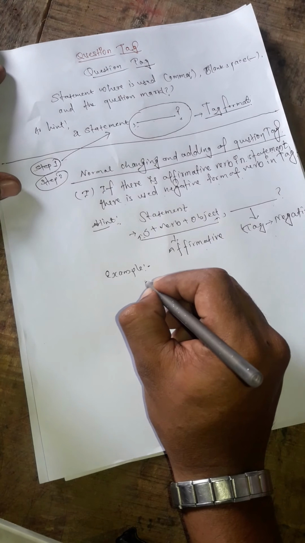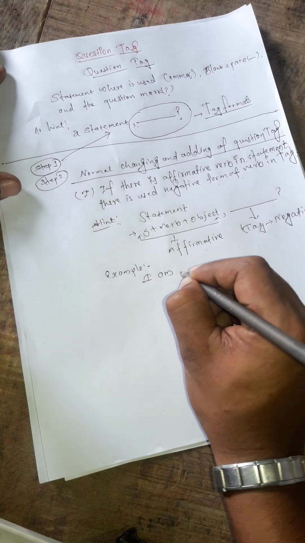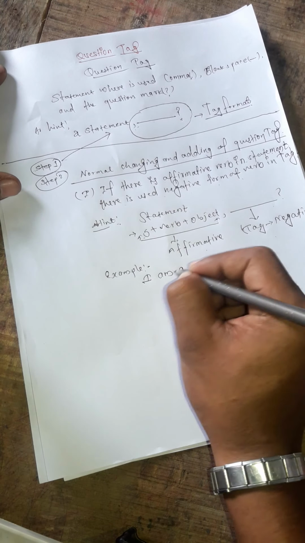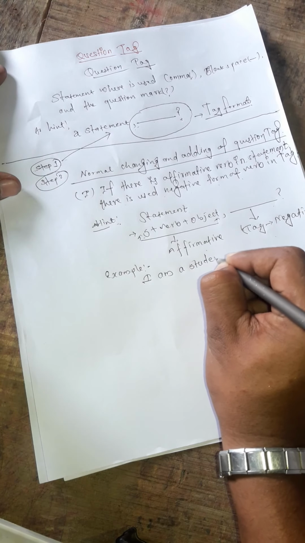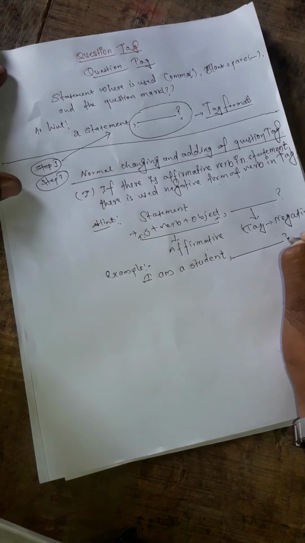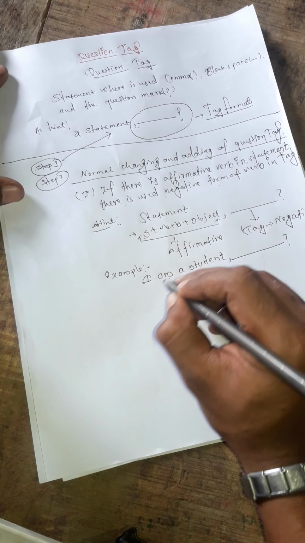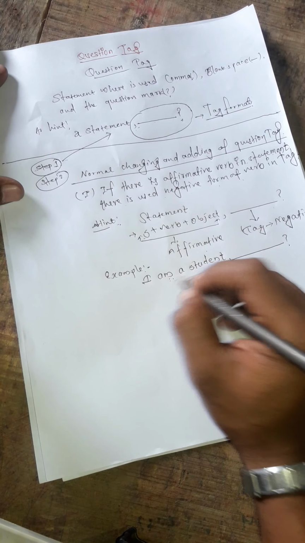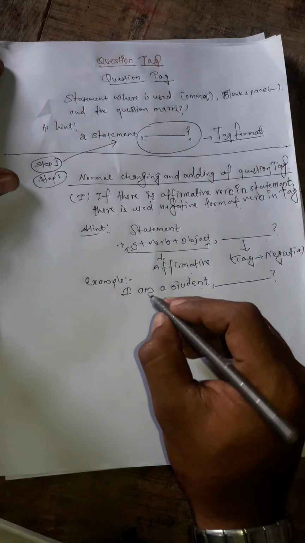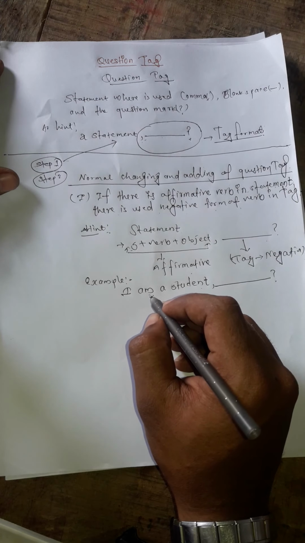Example: I am a student, and you have to add a suitable question tag. As you know, in I am a student, am is an auxiliary verb, and it is also an action verb. Am plays the role of main verb and auxiliary verb also.